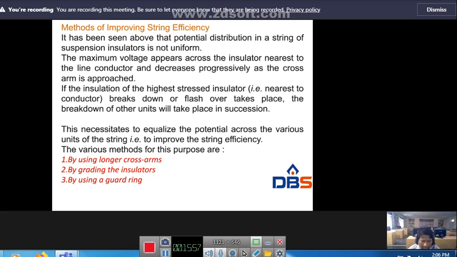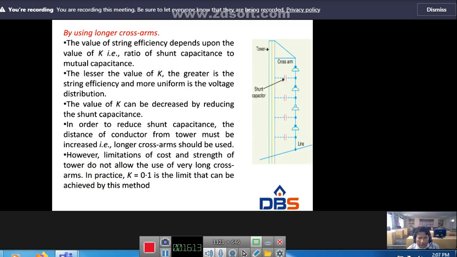The first method is by using longer cross arms, that is, making the K value low. K is equal to C1 by C, right. The next is by grading the insulators using a guard ring. Looking at the first method, by using longer cross arms: this is the tower, this is the cross arm.